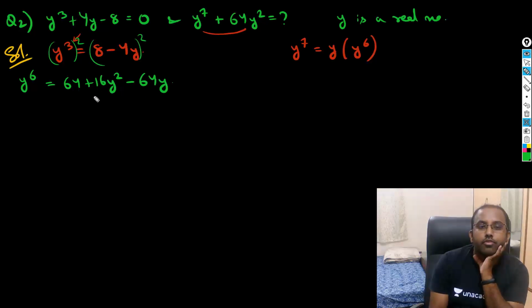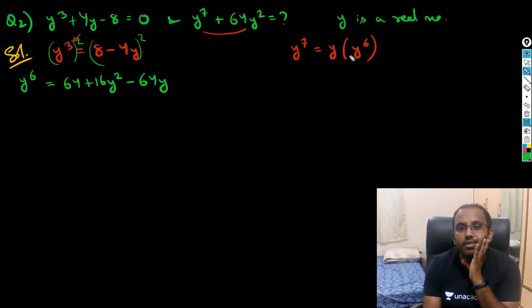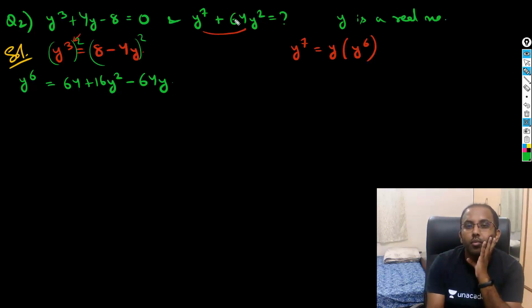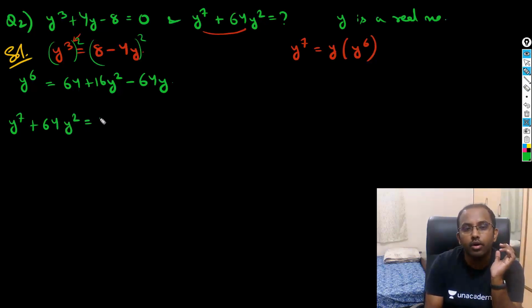Then from here I can just replace this y raised to 6 in this expression also. So y to the 7 plus 64y square will actually become what? If I take y common from here, or if I just replace the values here, y to the 7 is what?